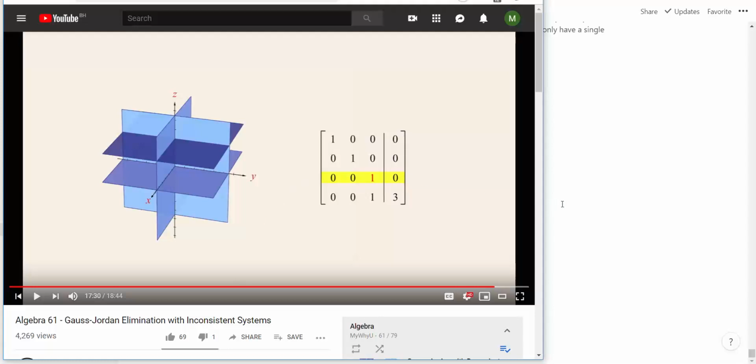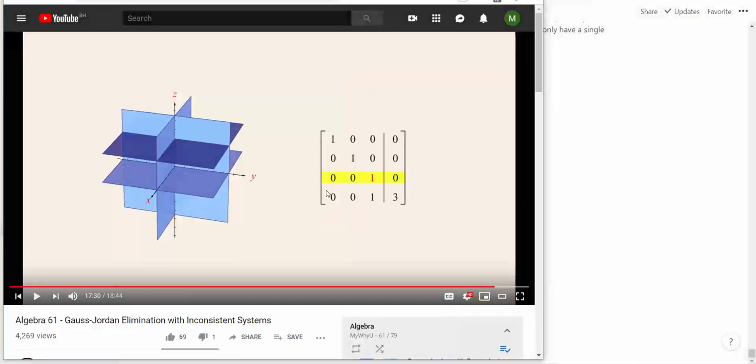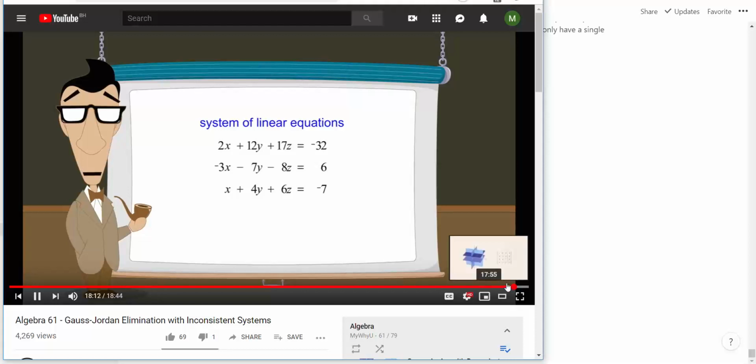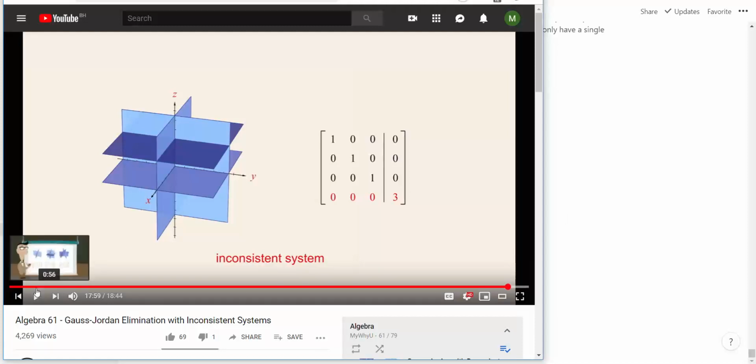So the difference between this example and this example is that, as you can see, there's a leading one here, and so we will pivot this to 0. That column, adding -1 times row 3 coefficient. This technique indicating an inconsistent system. I'm not sure why he didn't convert this to 1 as well, but what's the deal here?